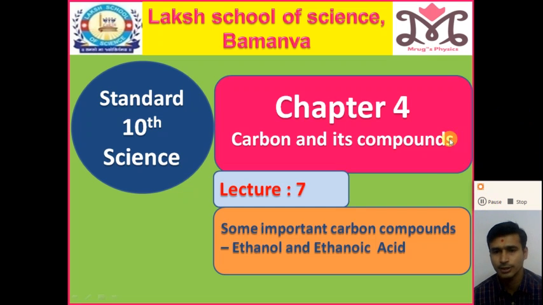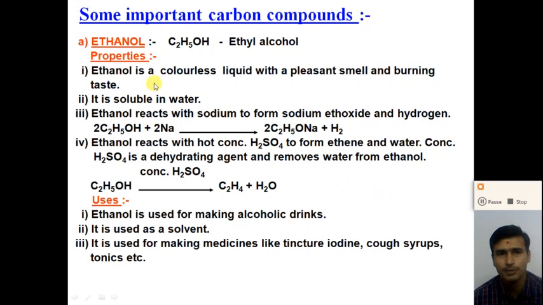So dear student, let us start with the first important carbon compound, that is ethanol, right? So what is the molecular formula of ethanol? You know that the molecular formula of ethanol is C2H5OH. It is a carbon compound in the group of alcohol, right?